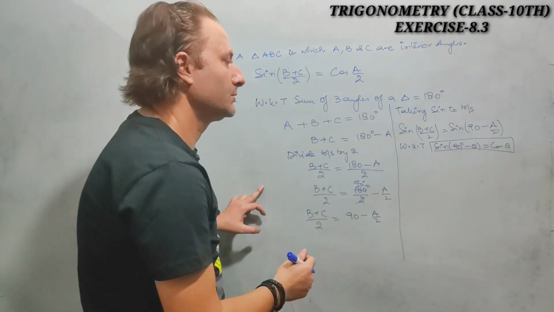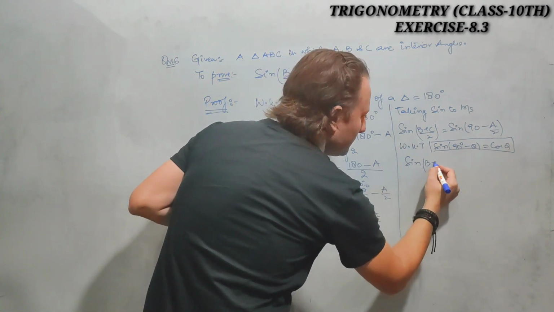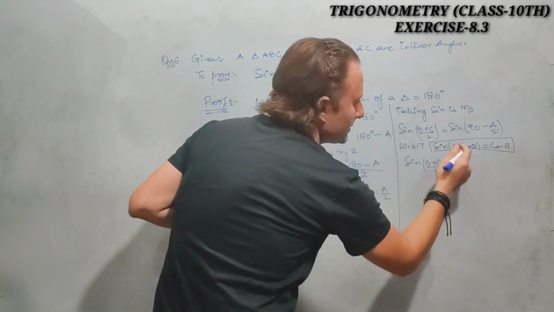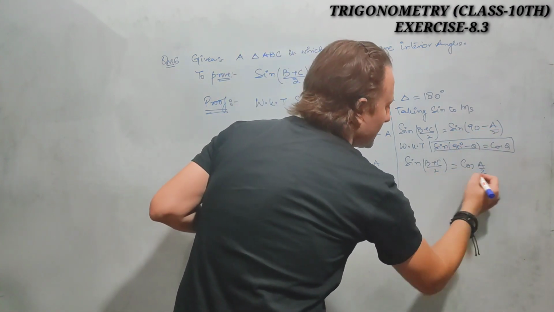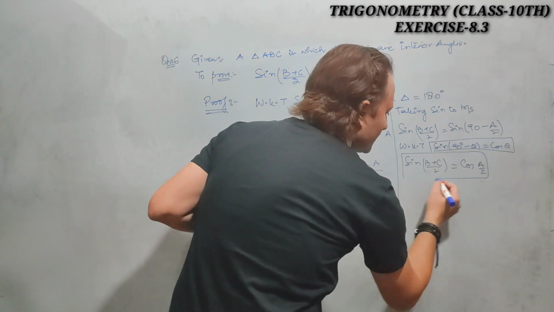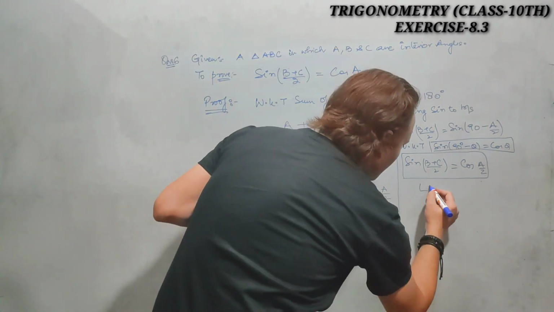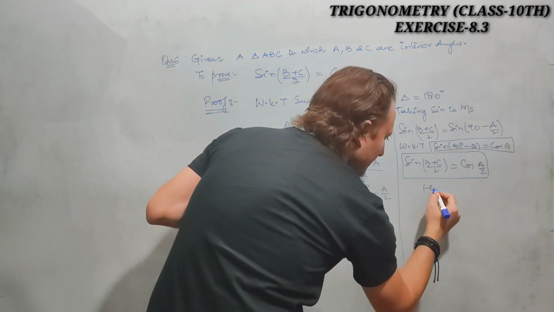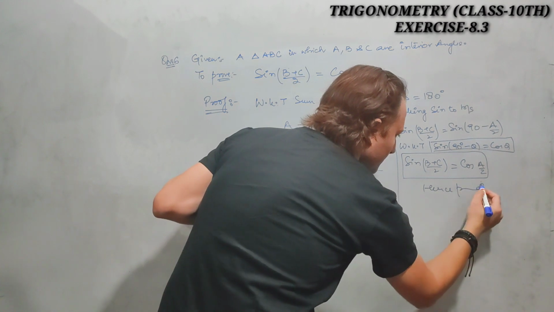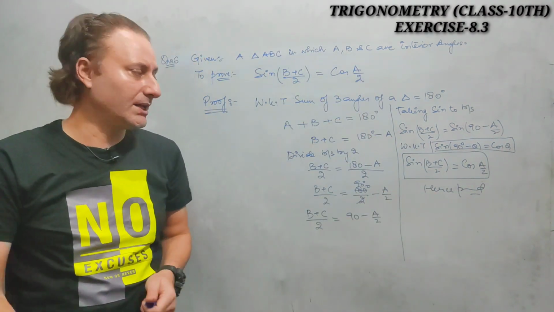So now sine (b plus c) upon 2, this is sine (90 minus theta), becomes cos theta. What were we searching for? The same thing, right? So now it's not LHS equals RHS, it's simply hence proved, because this was already given, so we got this. I hope this is clear, guys.